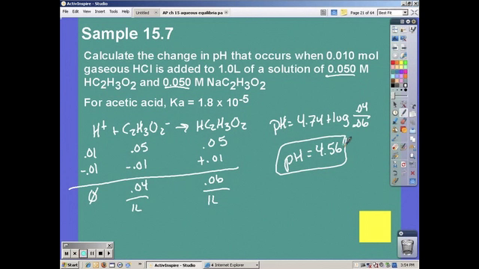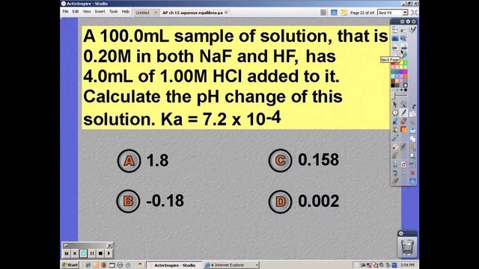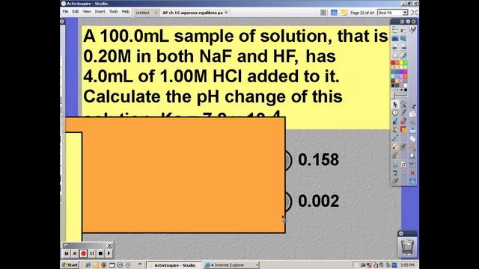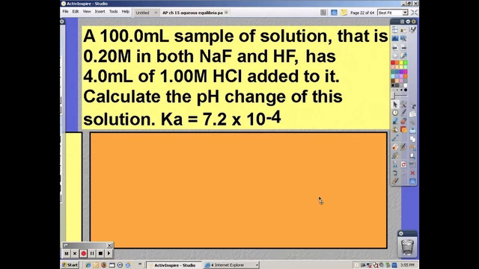So our new pH is 4.56. We could get the change by subtracting the two. Try this one on your own and restart once you have your answer. The answer should have been negative 0.18 since that was the change in pH.